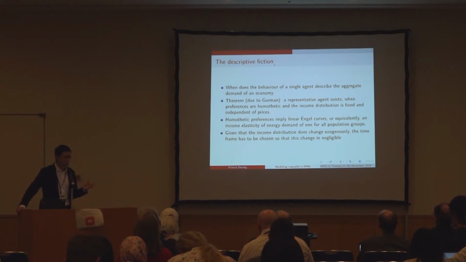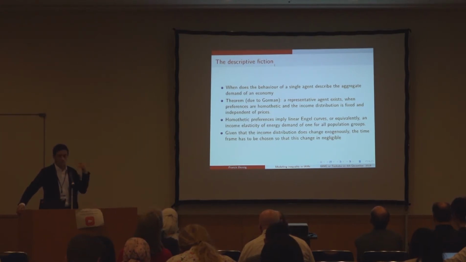That may be true in many cases, and there are a lot of estimates out there for many goods in which approximately, in the relevant range, Engel curves are linear, or elasticities are 1. But the additional requirement is that even if Engel curves are linear, if the income distribution changes over the time frame that you're modeling, then that representative agent is also not accurately describing the demand.